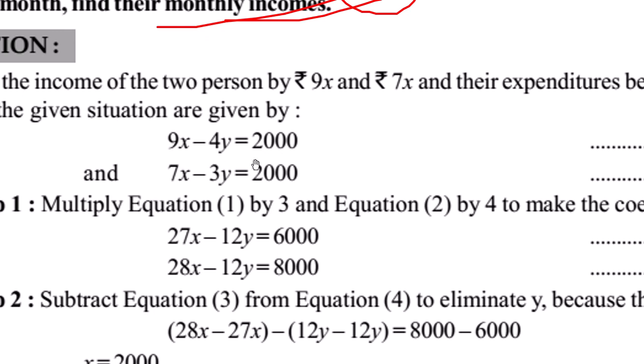So 3 into 9x, 27x, 3 into 4y, 12y, 3 into 2000, 6000. Second equation with 4 into 7, 28x, 4 into 3y, 12y, 4 into 2000, 8000.